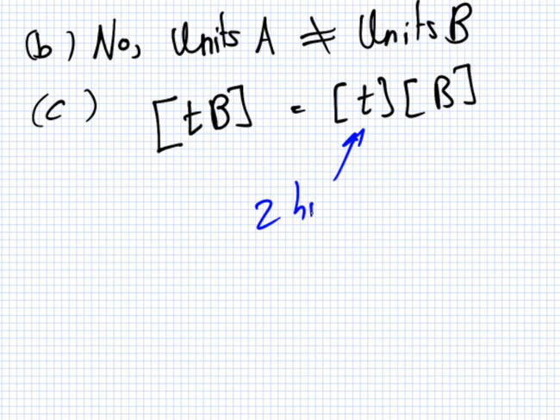We have here A is 5 kilometers to the east, and B is 5 kilometers per hour to the north.